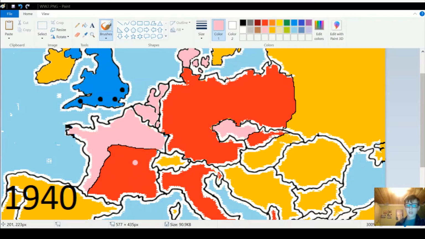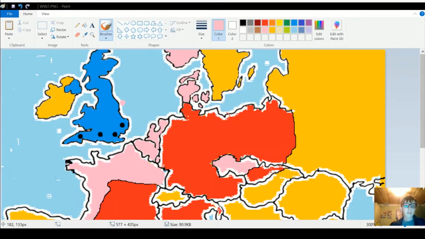spot here, which I'm probably not allowed to say on YouTube, but I'm going to say it anyway. It's called Vichy, France. Basically the capital city of Vichy. And they kind of were like a German puppet state, so they were technically France, but they weren't really. They were controlled by the Germans.